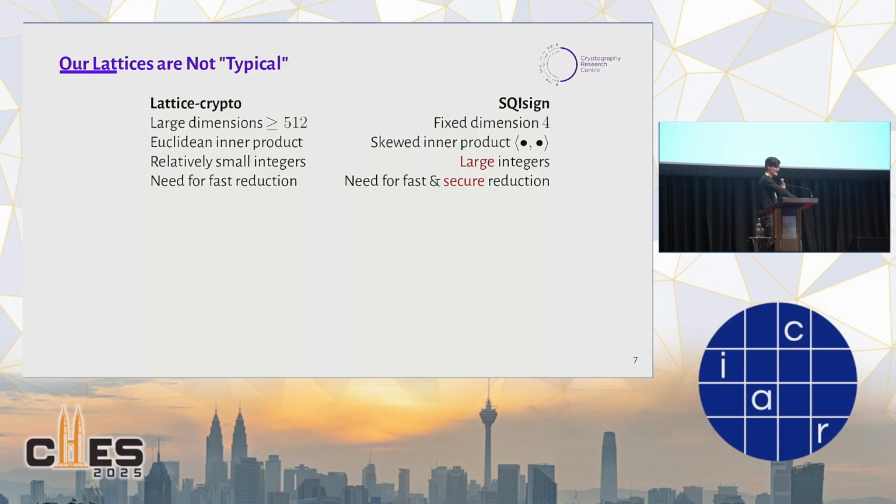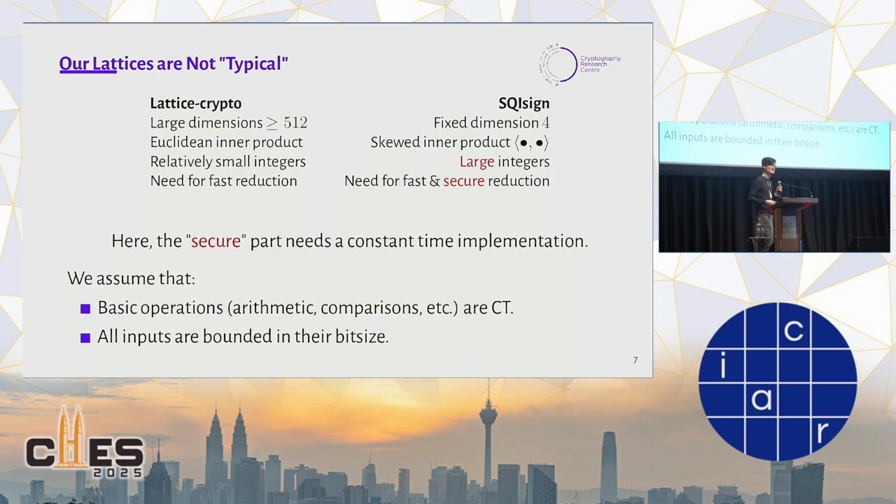And in SQIsign, we have large integers, hundreds, but potentially thousands of bits. In lattice crypto, we usually would like the performance of our algorithms to scale well as the dimension of a lattice grows. But here in SQIsign, the dimension is fixed, and we only need fast and secure reduction. But what exactly is secure? Well, secure in our work means constant time implementation.